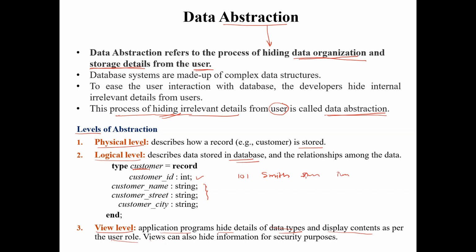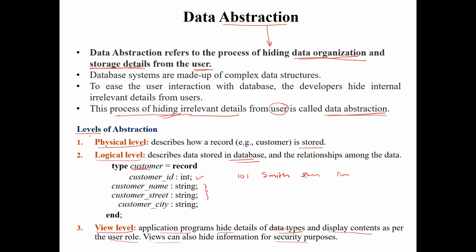If the user has an account in the bank, then he can see his own details. These are through application programs or web applications. Views can also hide information for security purposes because we do not want to show all data to every user. The admin has all the rights to see all the data, but as a customer or user, we don't have that right.